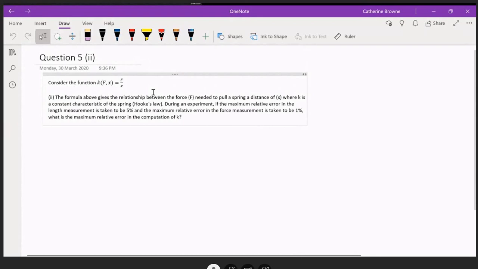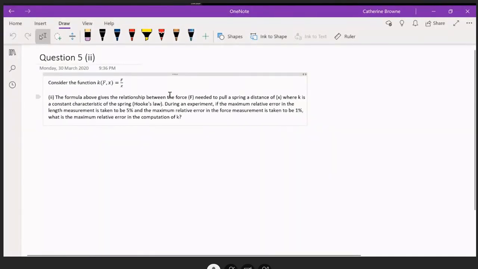So perhaps say that we're doing an experiment and we want to find this constant k characteristic of the spring, and say that the maximum relative error in the length measurement is taken to be 5%, and the maximum relative error in the force measurement is taken to be 1%. What is the maximum relative error in the computation of k?